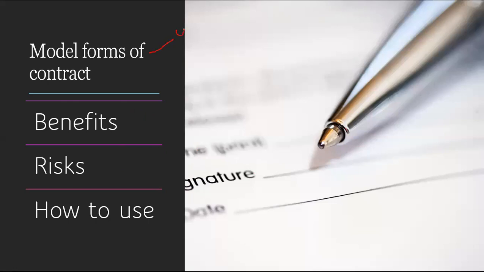Also, remember that we need to describe what it is, and when we use it, then describe the benefit and the risk. And if you describe the risk, remember to say how to manage the risk here.